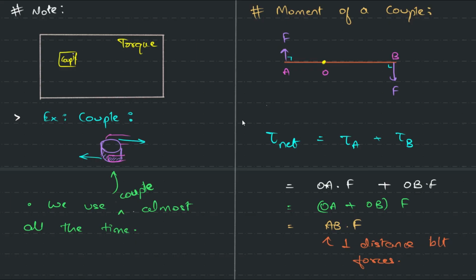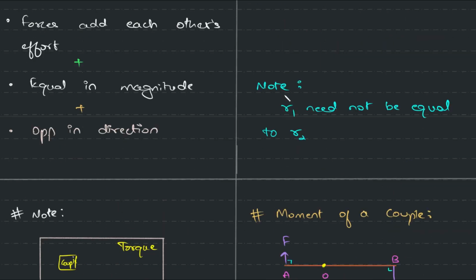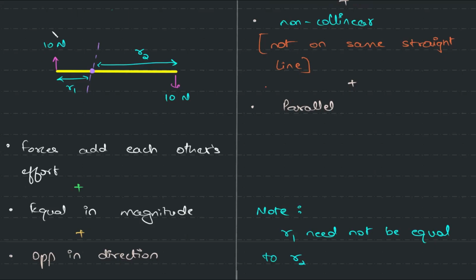So this entire length has a name, and that is the arm of a couple.